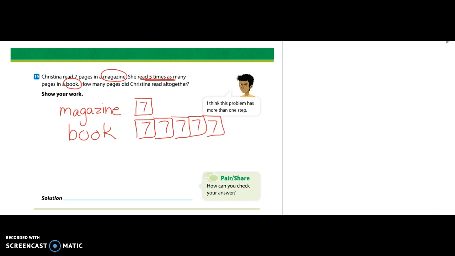Now, what does that equal? That's our question. How many pages did Christina read altogether? Well, from here to here is 35. I know that 5 times 7 is 35. So she's read 35 pages in her magazine.